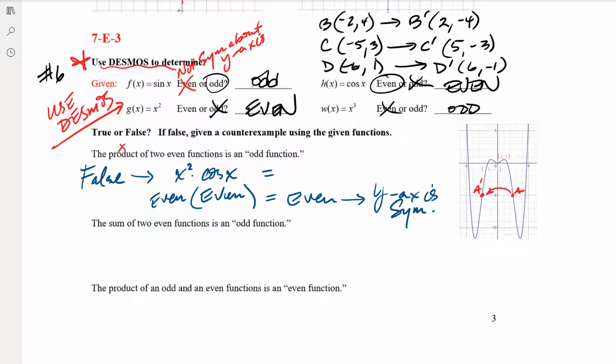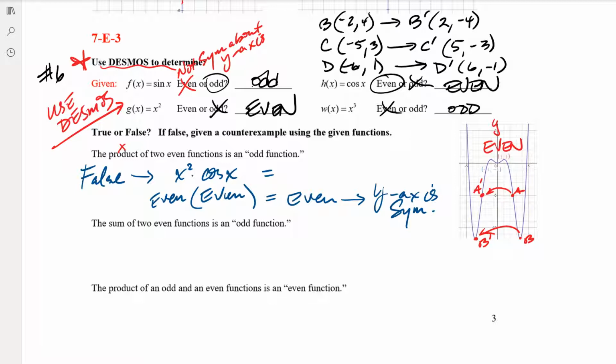Okay, look at that. This point B, I don't know where it is, but it gets reflected to B prime. It gets reflected across the y-axis. That's the y-axis right here. So this is an even function. Any function that looks like this with y-axis symmetry is even. So an even function times an even function is not odd. Okay, so I said false, and I gave a counterexample. I picked 2 even functions, and I got an even function by looking at Desmos.